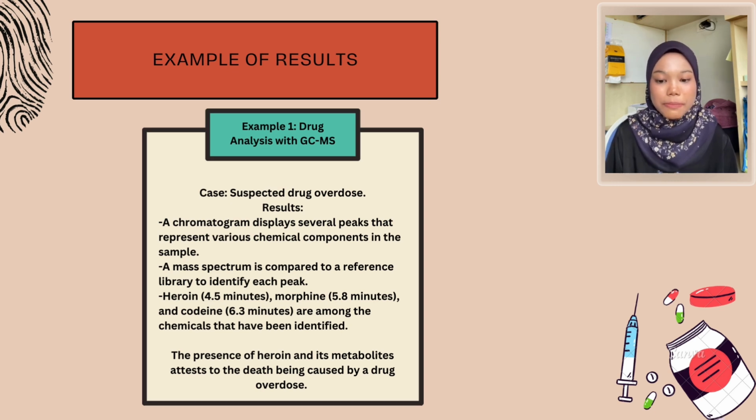Next, a mass spectrum is compared to a reference library to identify each peak. Heroin at 4.5 minutes, morphine at 5.8 minutes, and codeine at 6.3 minutes are among the chemicals that have been identified. The presence of heroin and its metabolites attests to the death being caused by a drug overdose.